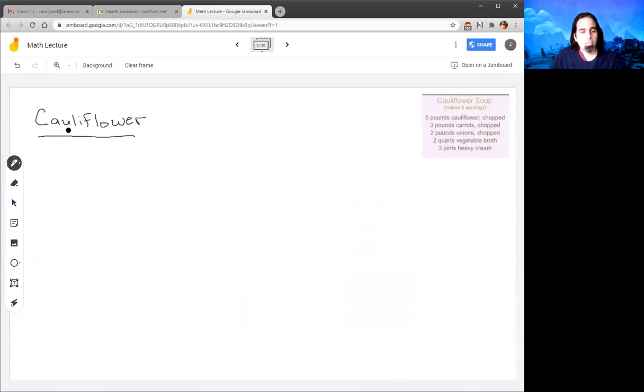So there's several steps that we have going on here. First, we're going to say that the recipe size was 5 pounds for 8 servings.